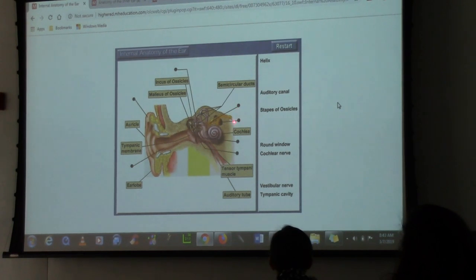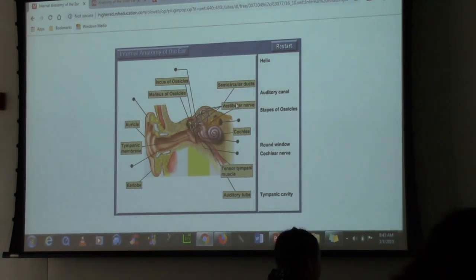Is one of these the vestibular nerve? Yes, one of those is. Which one do you think it would be? Okay, you've got a 50-50 chance. Yes, that's right. The vestibular nerve carrying information from the vestibular apparatus. I won't give you the names except for the ones that you've already gotten, the semicircular canals and the other two structures of the vestibular apparatus.